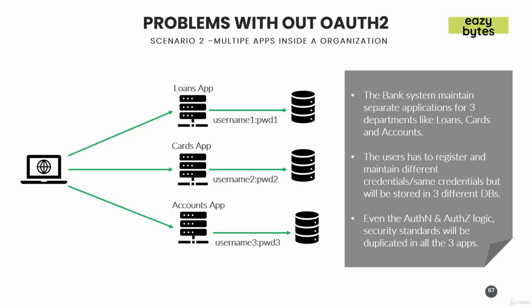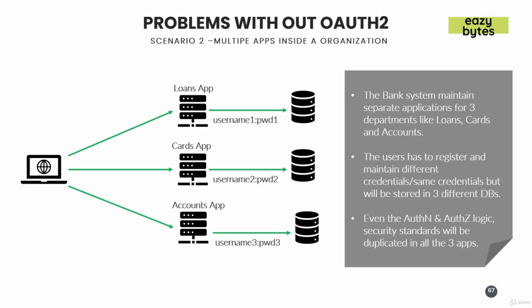One is you ask your customer to register separately in all these 3 applications, either with different credentials or the same credentials. Under such scenarios, you end up maintaining the authentication and authorization logic in 3 different applications and storing the client credentials information in 3 different databases.